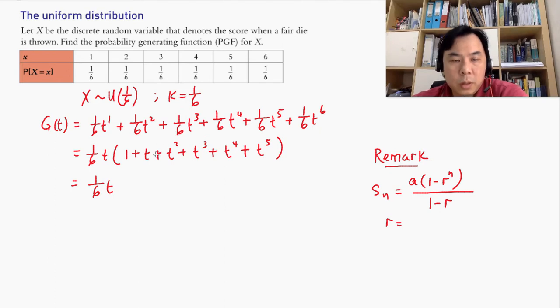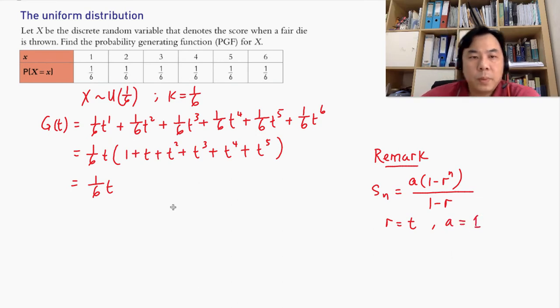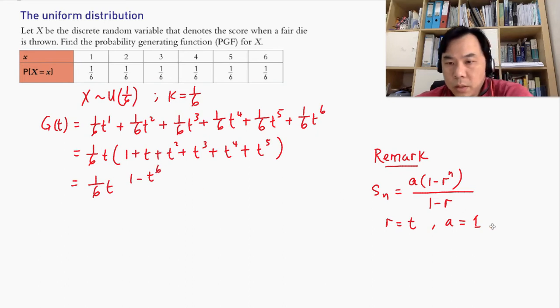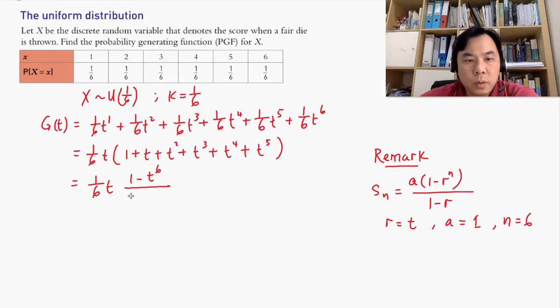In our case, R is t, and A is our first term, which is 1. So from here we have 1 minus t to the power of n. We have 6 terms here, so n is 6 in this case, over 1 minus t here. Alright, and then there you have it.